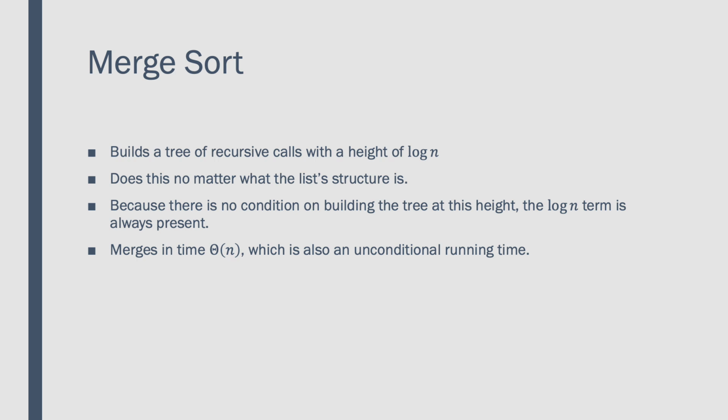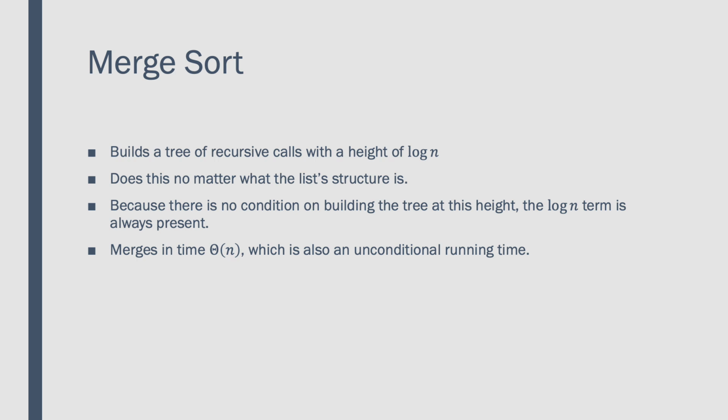So we already know merge sort uses a divide and conquer approach, where it splits the list into two halves recursively until each sublist contains a single element. Then it sorts and merges these smaller lists back together, and merging continues until the entire list is sorted.